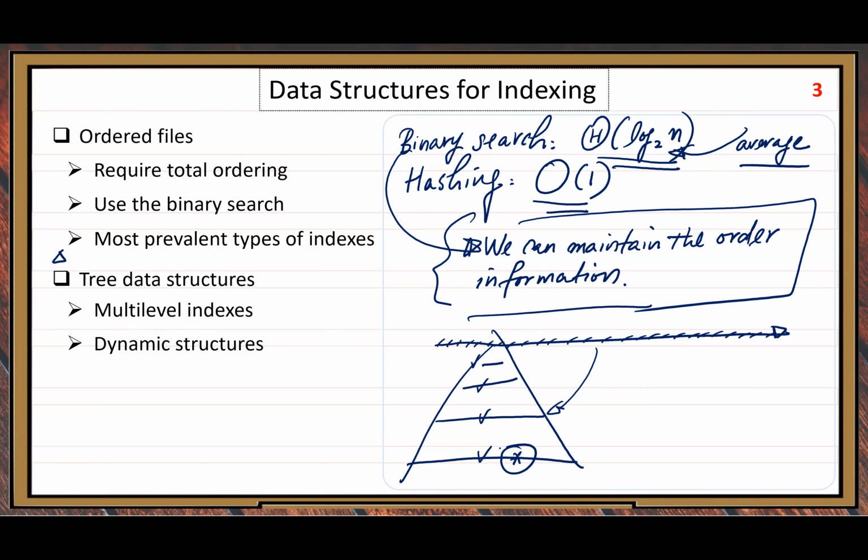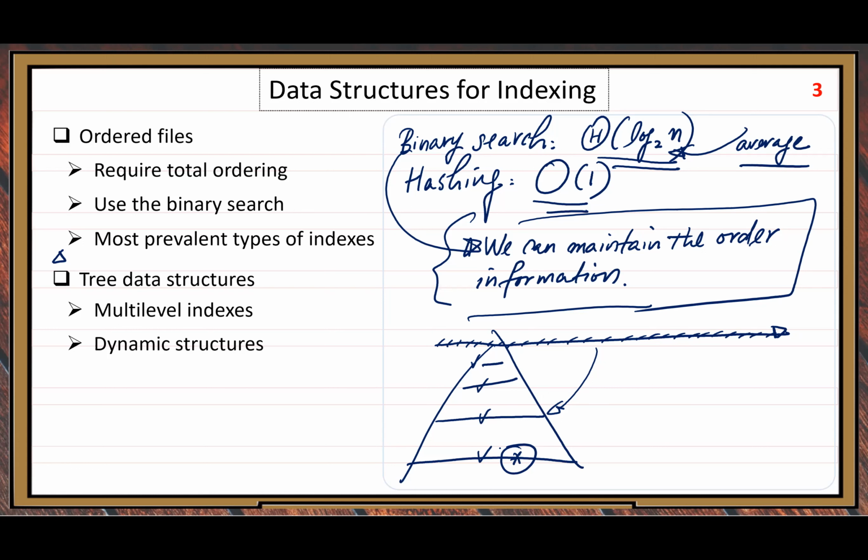Another important property is that it has a dynamic structure. What do I mean by dynamic structure? In a table, we know data comes in and out. Sometimes you insert a new data item, sometimes you delete one. When you do that, you need to modify the structure.